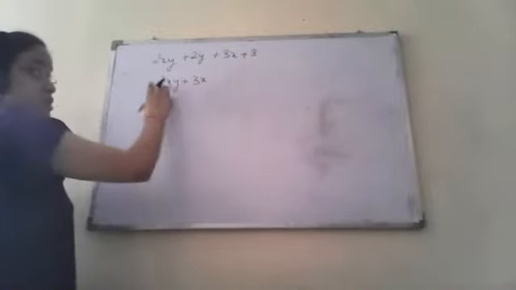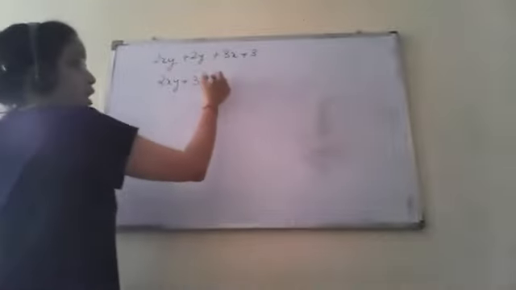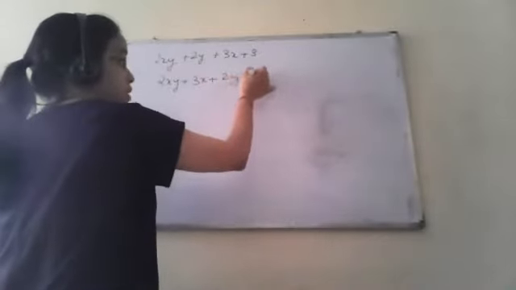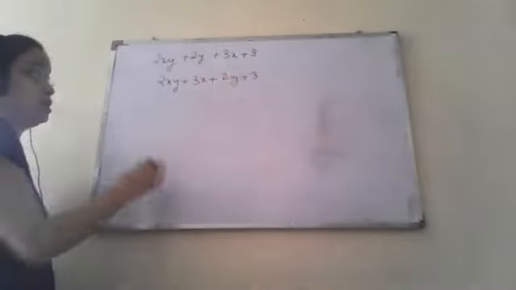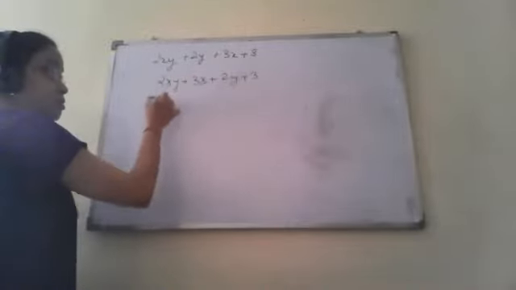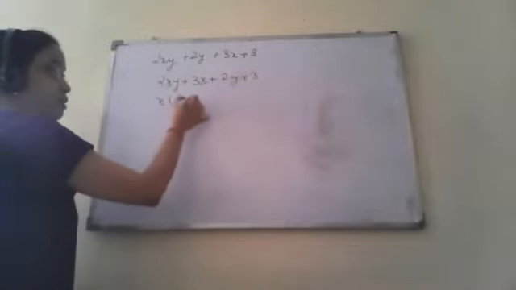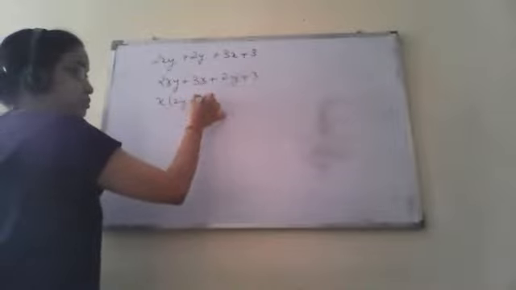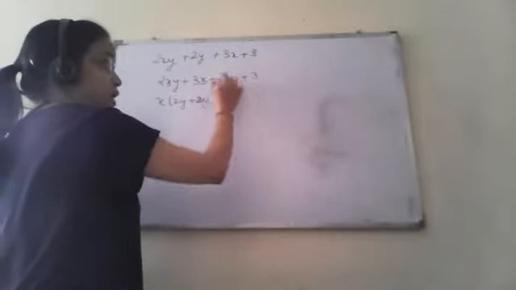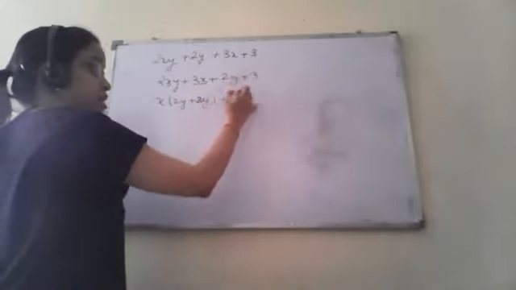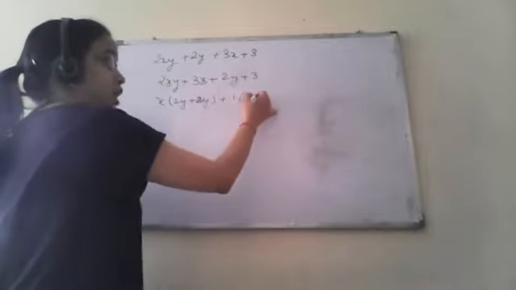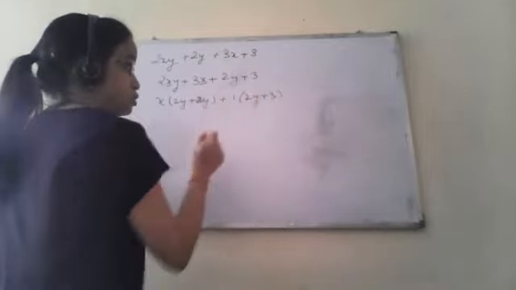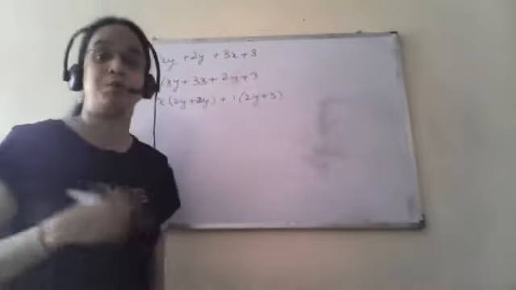Suppose I write 2xy plus 3x, because we see there is x common, and then 2y plus 3. Now we have x common from them, so we can write x into (2y plus 3), and for the remaining terms we can take 1 as a common factor, so 1 into (2y plus 3). These 2y plus 3 cannot be reduced further.